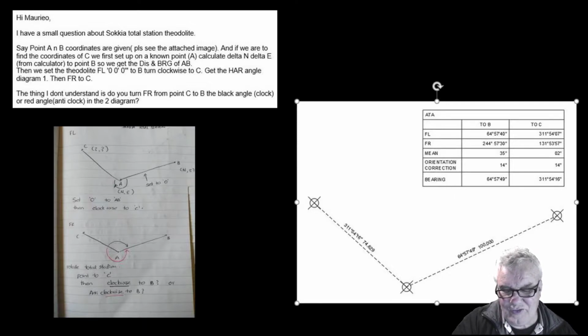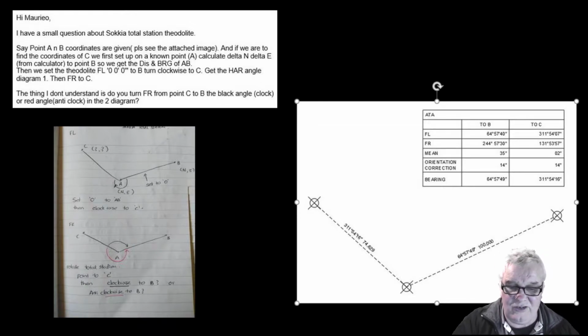Certainly if you set 0 from A to B and turn clockwise, you would be measuring the angle BAC, this angle, the red angle, and that's the way it is.